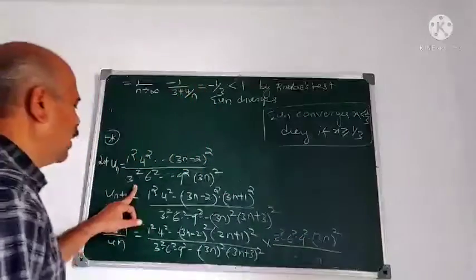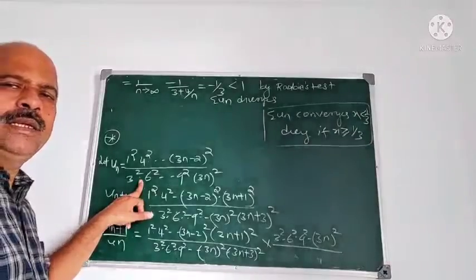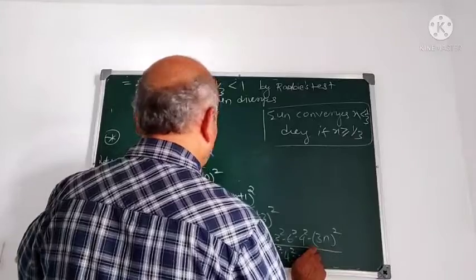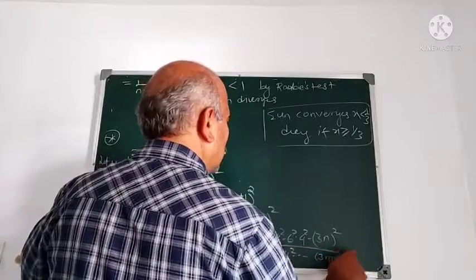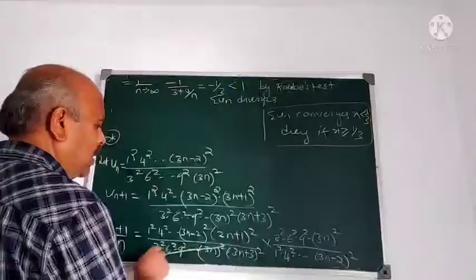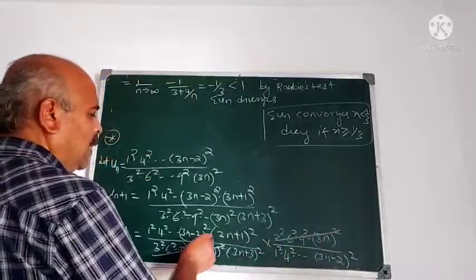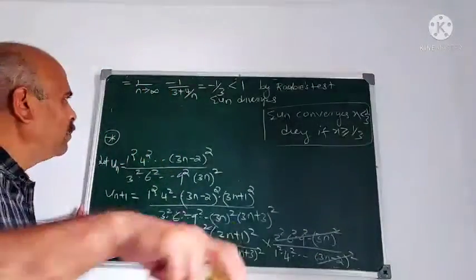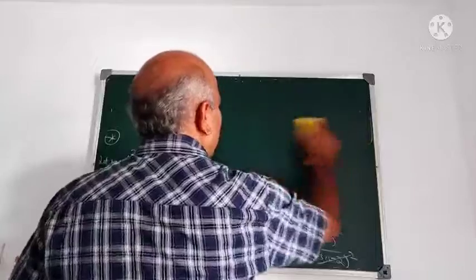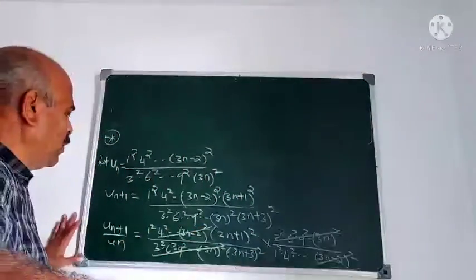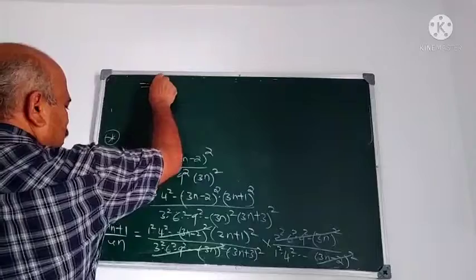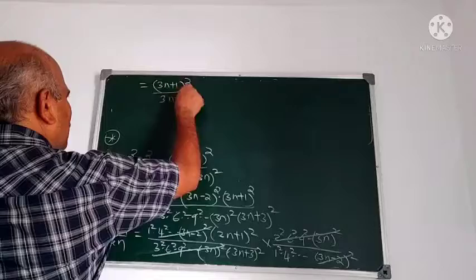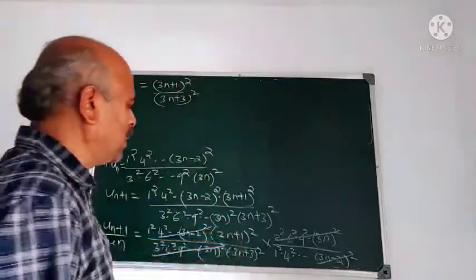Upon un means you multiply by the reciprocal, 1 square 4 square etc. into 3n minus 2 square. Now simplify: 3n square cancels and 3n minus 2 square cancels. So un plus 1 upon un is 3n plus 1 whole square upon 3n plus 3 whole square.